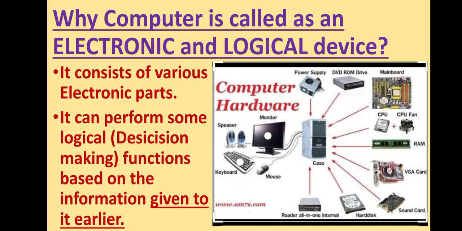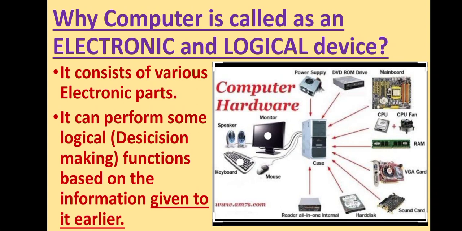Now, as I said earlier, let us decode the definition of computer. We will see why computer is an electronic and logic device. It is an electronic device because it consists of many electronic parts.